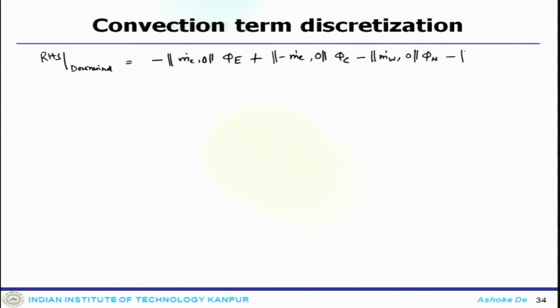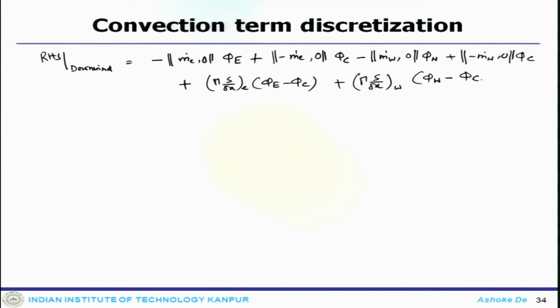For the downwind scheme, the right hand side can be written as minus m dot E 0 phi E plus minus m dot E 0 phi C, minus m dot W 0 phi W minus m dot W 0 phi C, plus gamma A by del x E, phi E minus phi C, plus gamma A by del x W, phi W minus phi C.